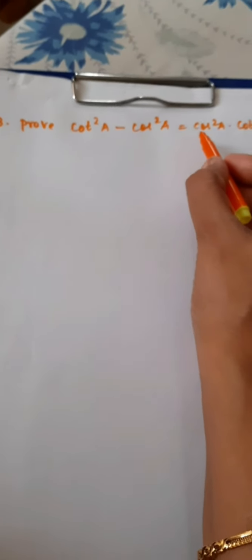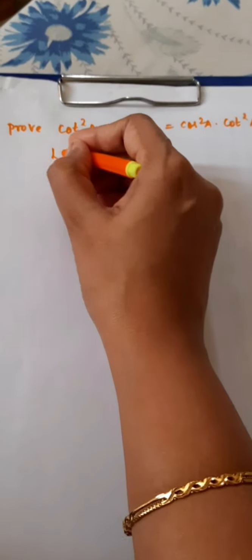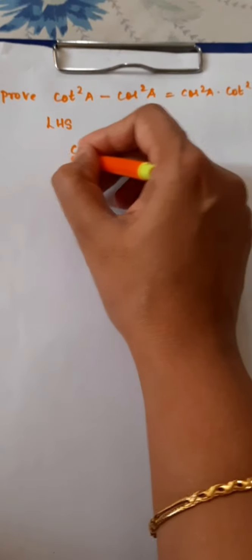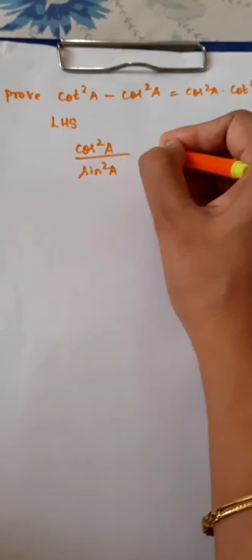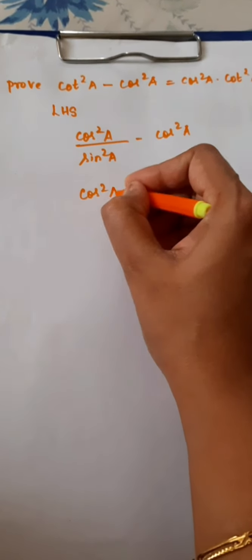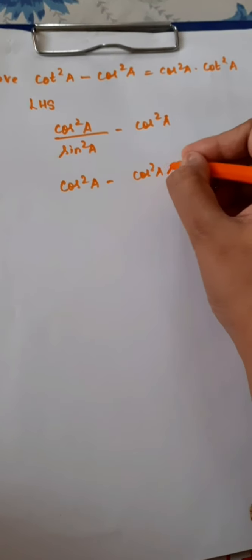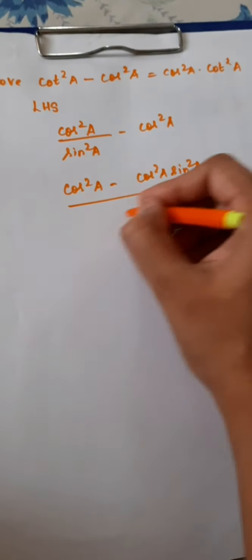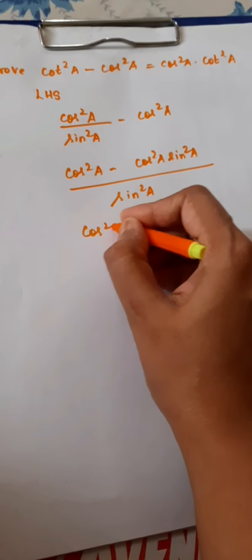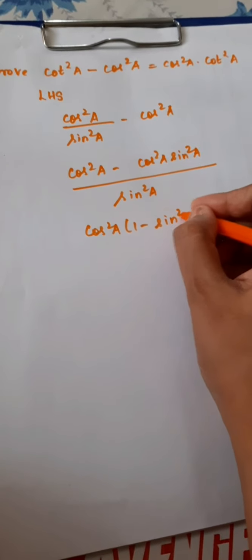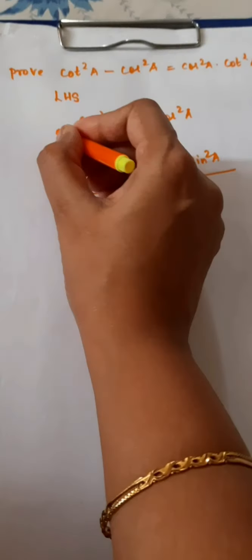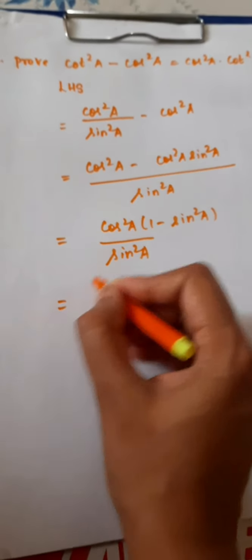Question 13. Prove cot square A minus cos square A equals cos square A into cot square A. So the LHS can be written as cos square by sin square, that's cot square, minus cos square A. By taking LCM, cos square A minus cos square A into sin square A divided by sin square A. So cos square A is common in both, 1 minus sin square A divided by sin square A. Since I want the RHS, you look at the RHS, where cot is there.